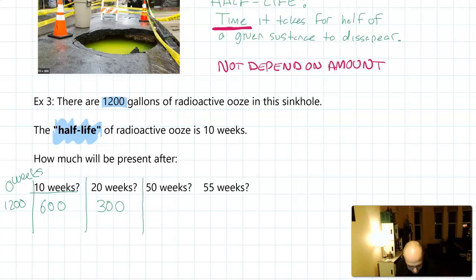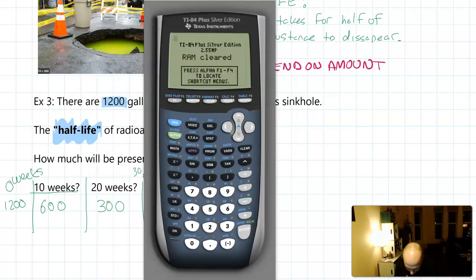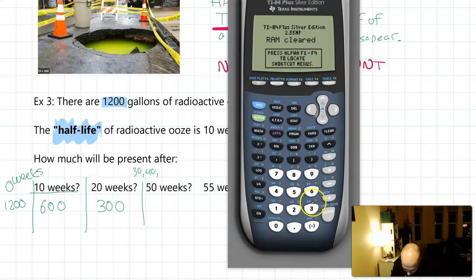Oh, all right. Now 50 weeks. So let's see. We've skipped over a bunch. We've skipped over 30, 40, and then 50. So that's 3 half-lives down the line. So why don't we get our calculator out? So we're at 20 weeks and 300. Let's say divide by 2 again.